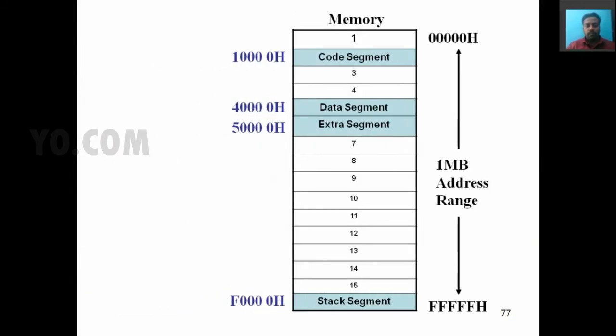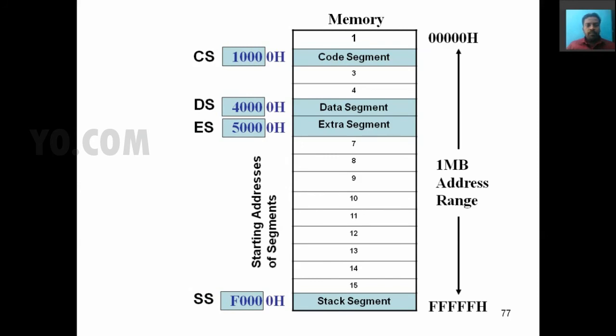The code segment starting address is 1000, the data segment starting address is 4000, the extra segment starting address is 5000, and the stack segment starting address is F220. These are the starting addresses of each segment.